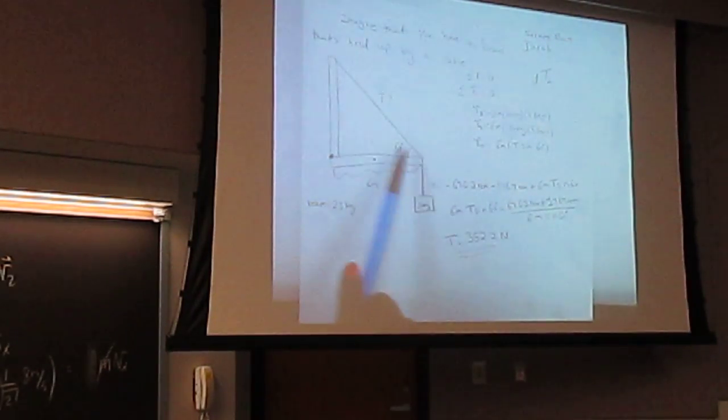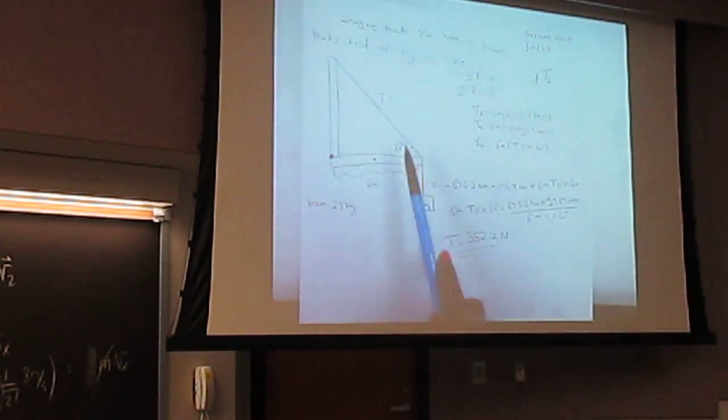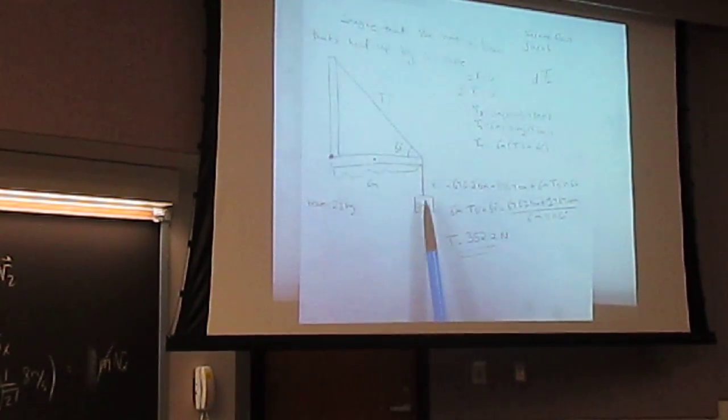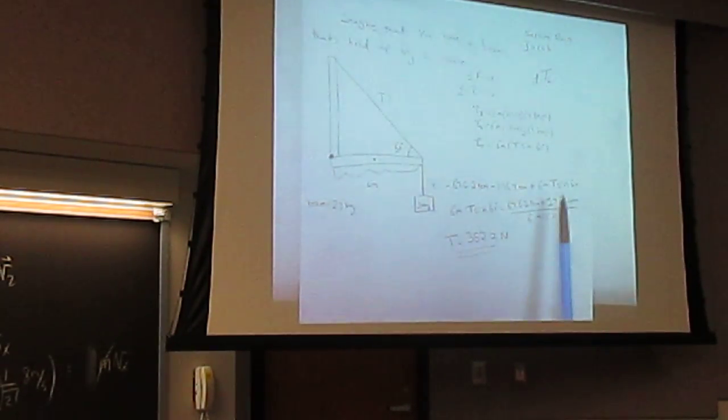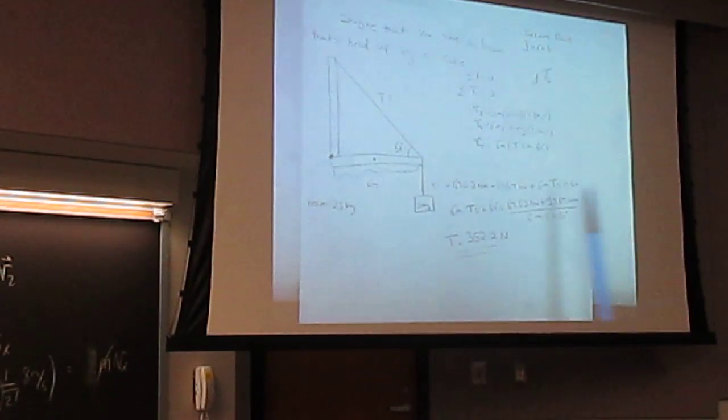T sine of 60 degrees gives us the perpendicular component, and it will be positive as the cable wants to rotate counterclockwise. We summed up all of these torques and set them equal to 0. Since we want to solve for the tension force, we took it by itself to the other side, divided by 6 meters sine of 60, and found the tension force to be 352.2 newtons.